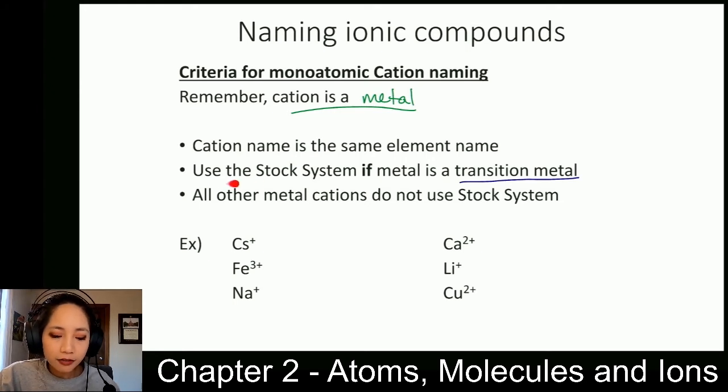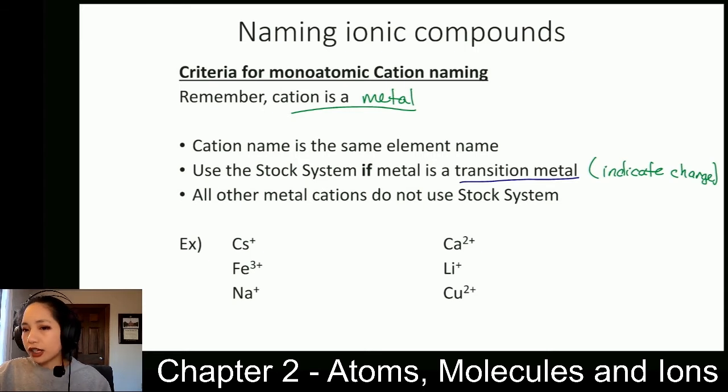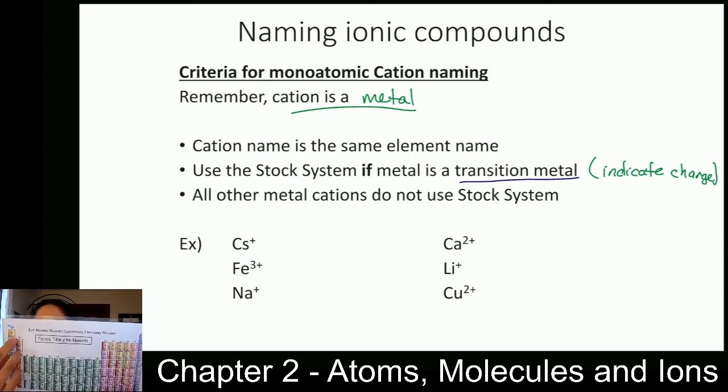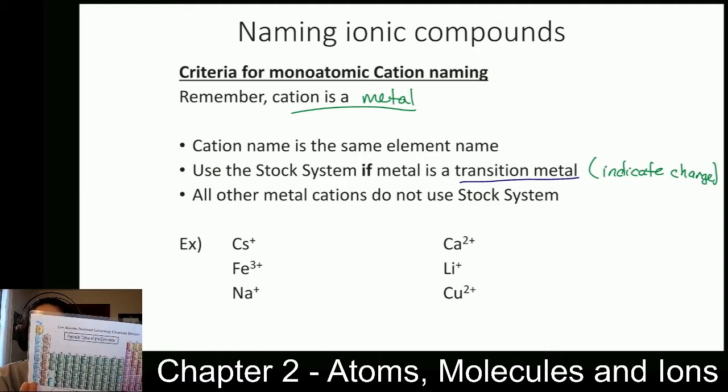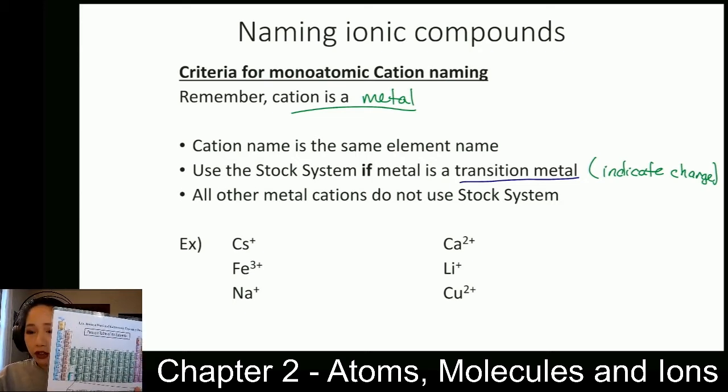And if it's a transition metal, you need to use the stock system, which we talked about a lecture back, to indicate the charge. See how in monoatomic cations, anything that's off of the periodic table within our main groups, these metals, you can easily predict the charge just by trying to get to that noble gas configuration.